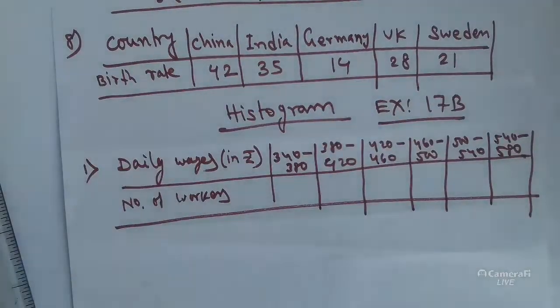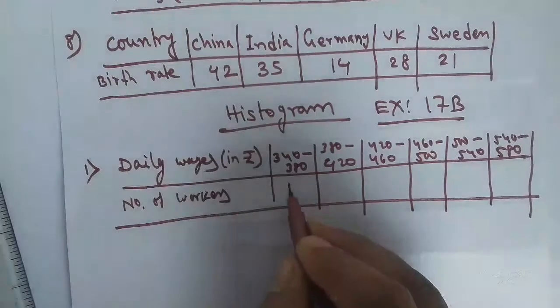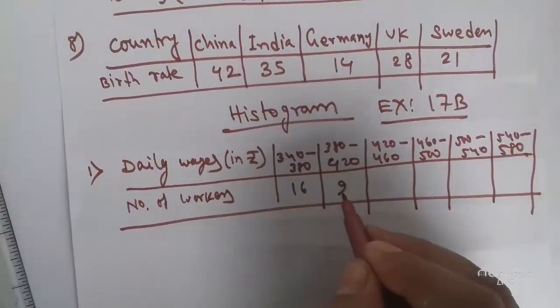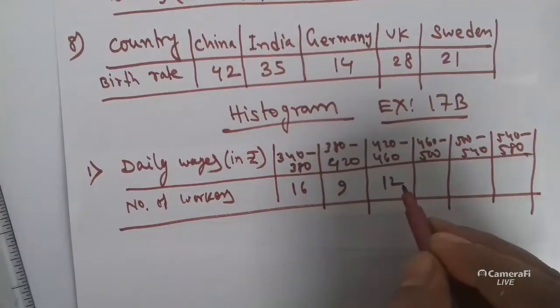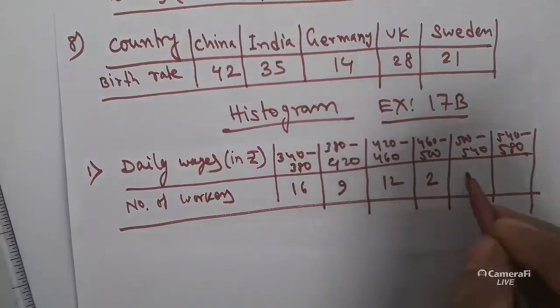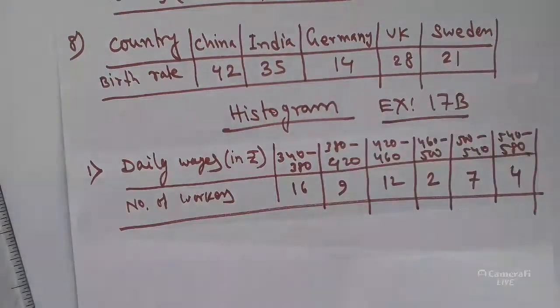So under 342, 380, 16 workers are there. Then 9 workers, then 12 workers, then 2 workers, then 7 workers, and then 4 workers. So this is the given data.